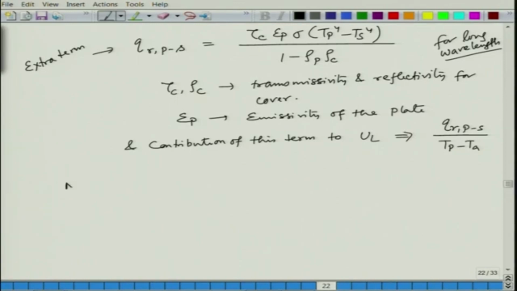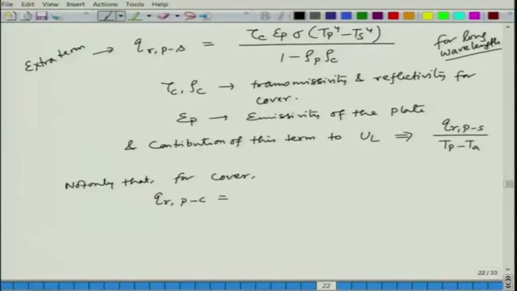And not only that, what we have for the cover, this particular term will also change. The extra term is there, but now we have a reduced amount of heat transfer between the plate and the cover, because a portion of the heat released from the plate is directly looking at the sky, and that is why it does not interact with the cover system. So, the Q R P 2 C term will also change like this.